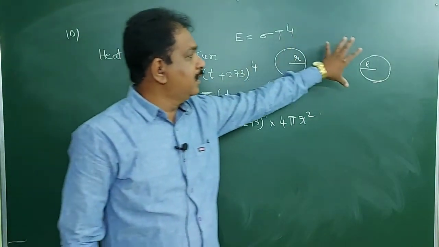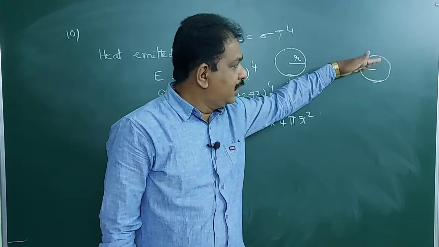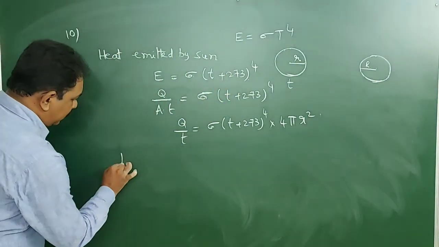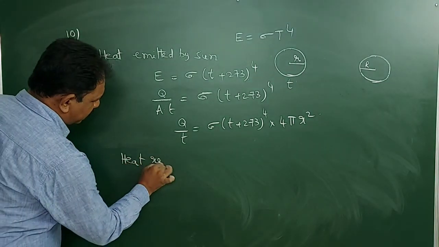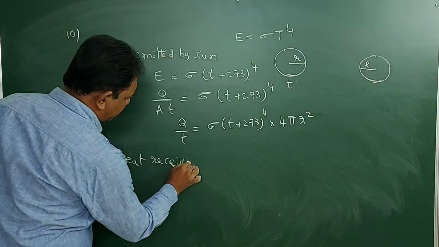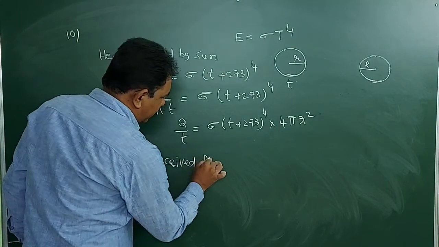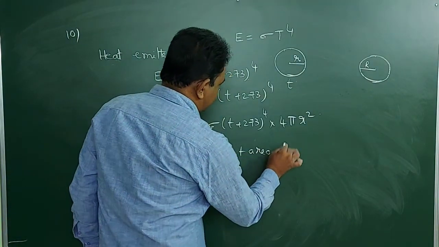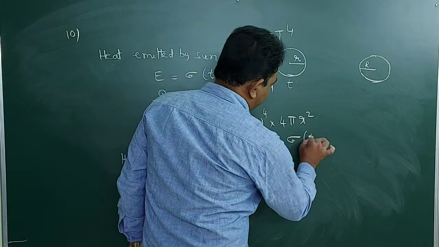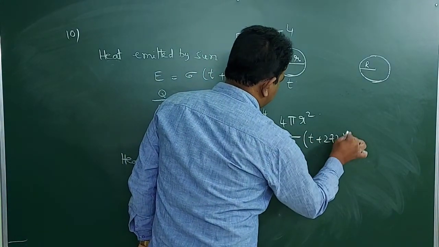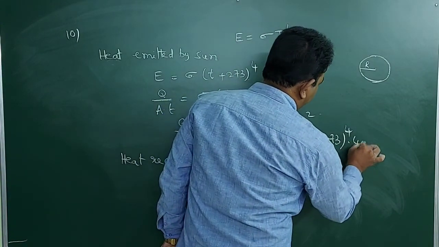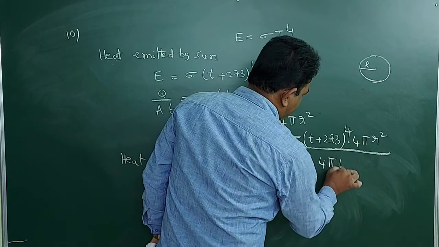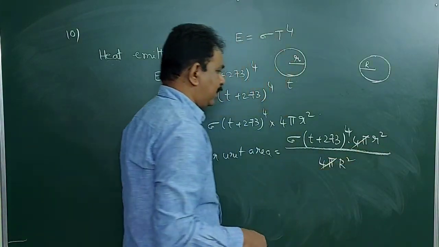That heat will be incident on it. Then heat received by this per unit area is equal to sigma T plus 273 power 4 into 4 pi r square divided by 4 pi R square. 4 pi will cancel.